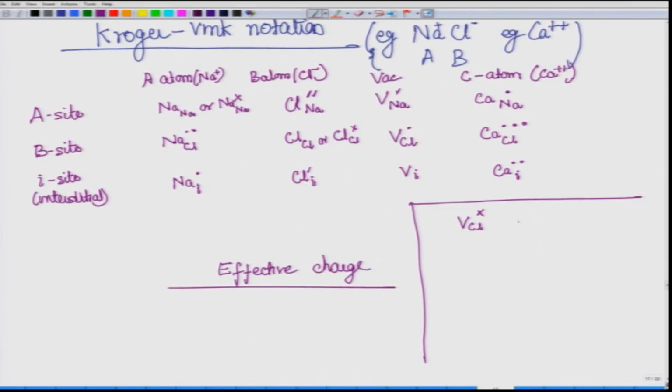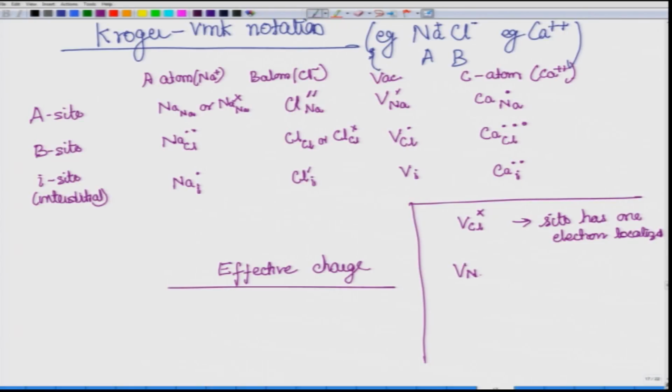It would mean that this site has 1 electron localized. If chlorine were there, it would have had 1 negative charge, meaning 1 electron over there. Now, if there is no chlorine, but still 1 electron over there, that is why the effective charge is still nil, meaning it still has as much charge as it was expected to have.